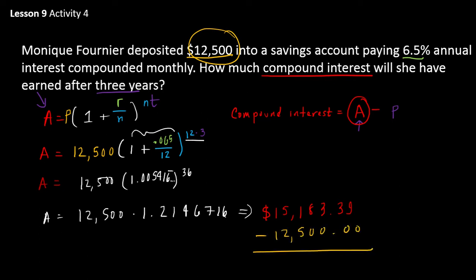So by taking the difference, I figure out how much money I gained in interest. 15,183.39 minus 12,500 comes out to 2,683.39. Remember, I'm rounding to the nearest dollar, so I take 2,683 as my final answer. So 2,683 is the amount of compound interest after 3 years.